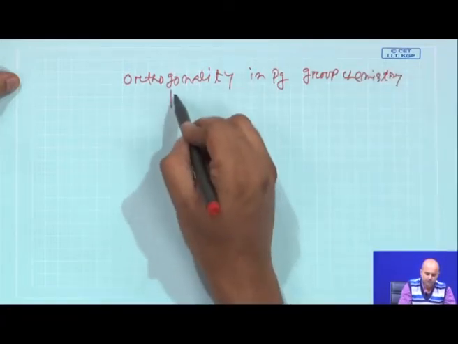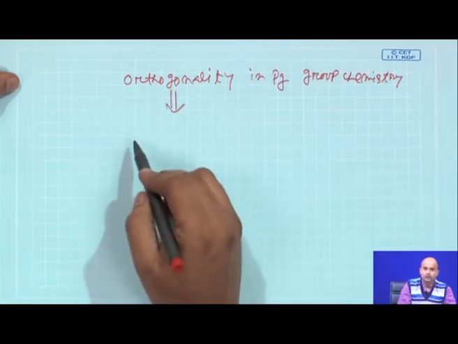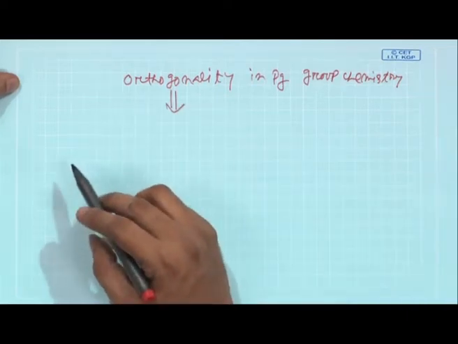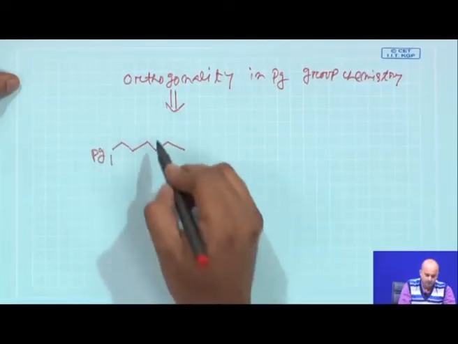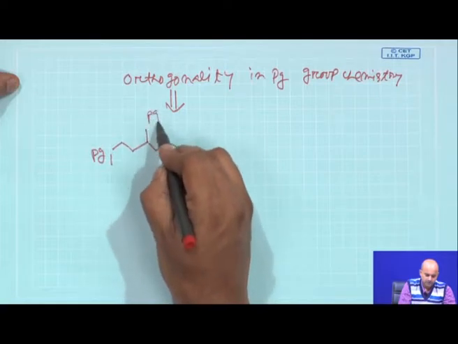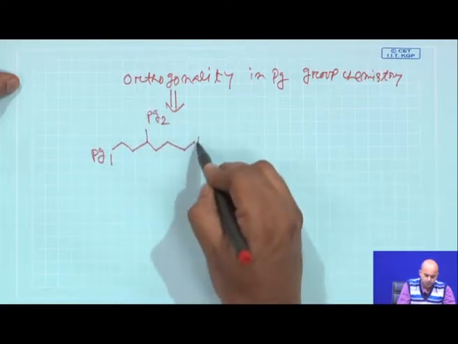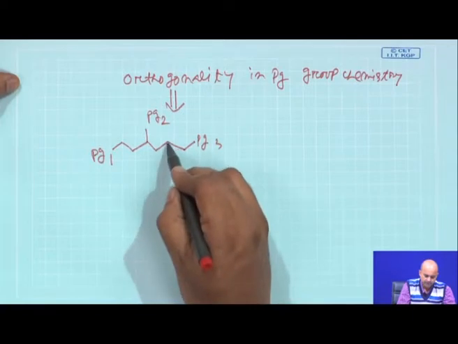This orthogonality basically means how you can manipulate different groups. Let us say you have several protection groups in the molecule: PG1, PG2, PG3, PG4.